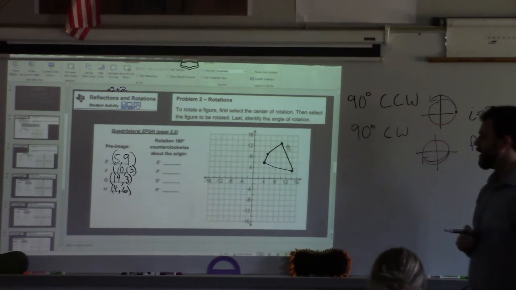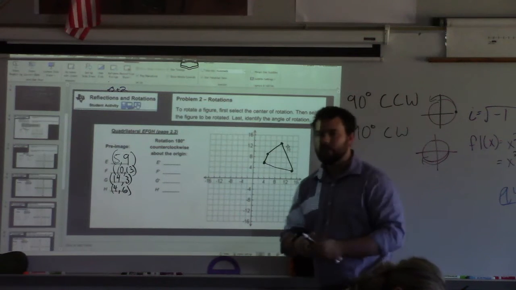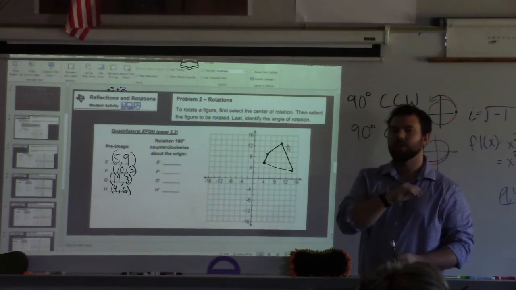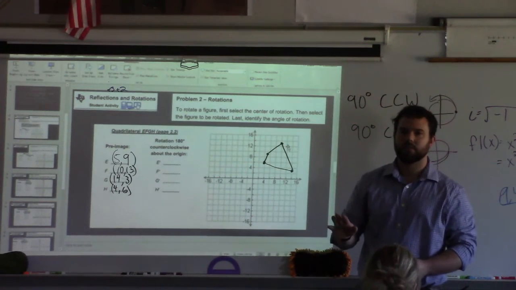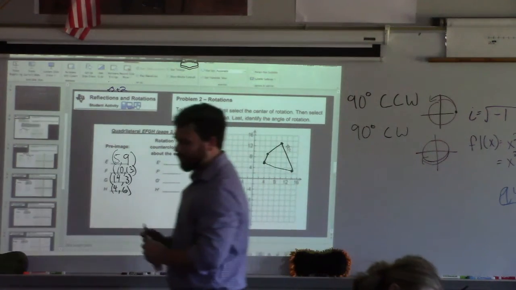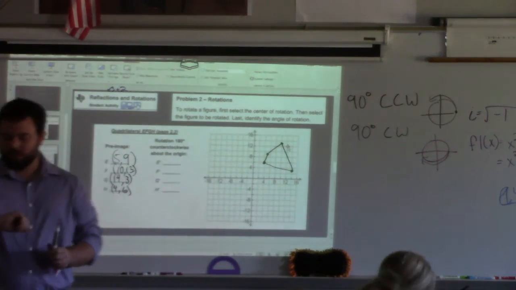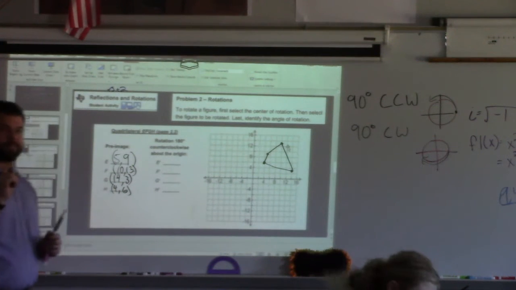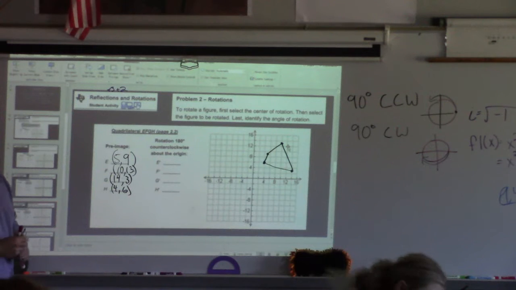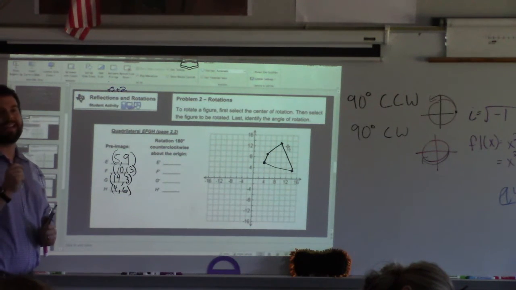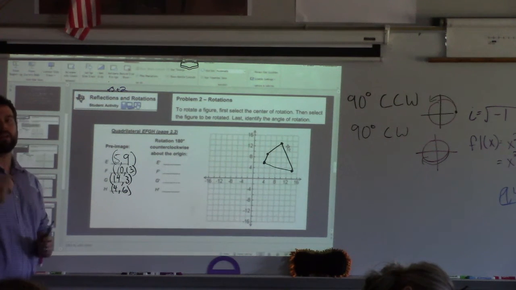Okay, let's investigate it. Are we reflecting anything? No. We are definitely rotating, right? What were the coordinates that you got after rotating it 180 degrees counterclockwise?